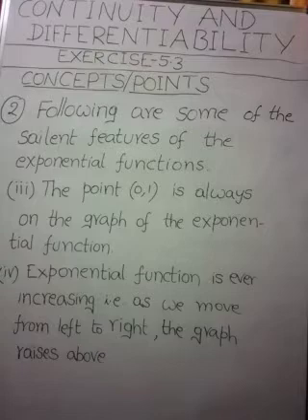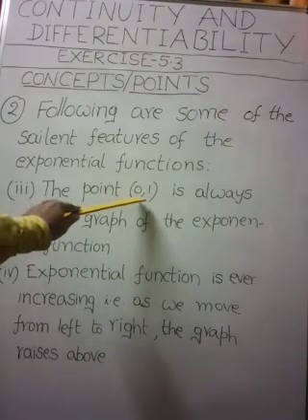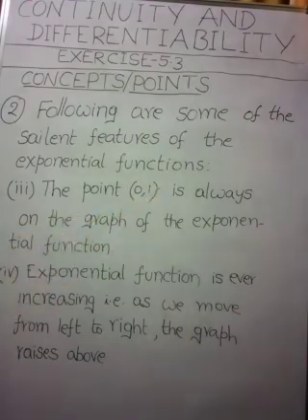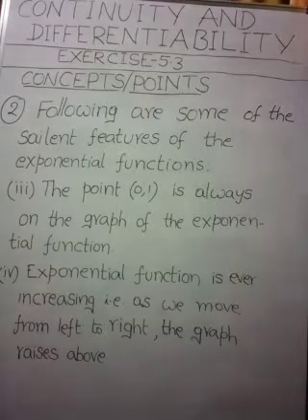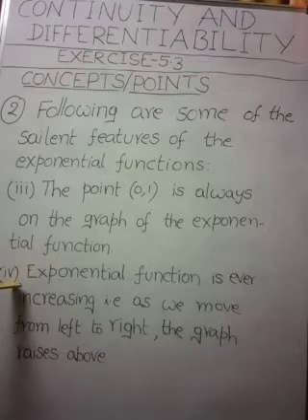If you observe the graphs, the two graphs are passing through the point 0 comma 1. It is one of the salient features of the exponential function. Okay, my dear children, right. Now come to the next salient feature of exponential function.